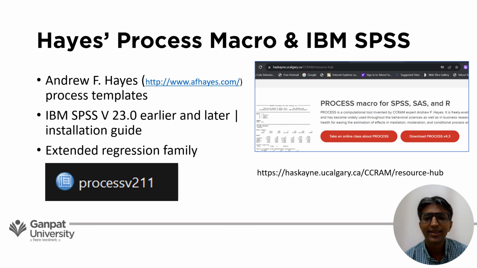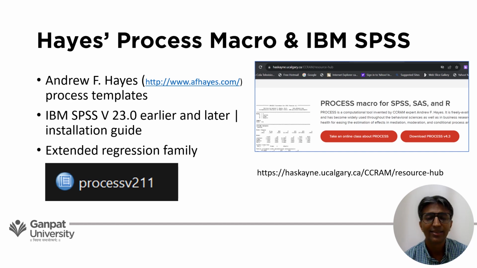After getting the basic understanding of what mediation is, how it can be proposed in the form of hypothesis, and what the requirements are with respect to the data type. As we all know, there are three symbols which are used: capital X, capital Y, and capital M. So let me repeat it.